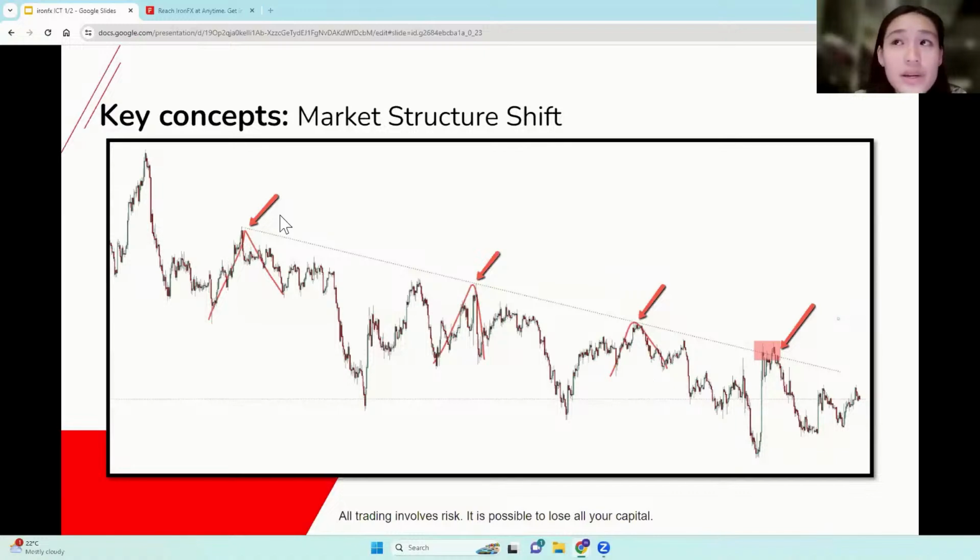So over here you see that we have four swing highs that line up on this trend line. And it doesn't have to line up on a trend line. I'm just using this picture to show you what you can look out for. So here you see that we have lower highs, since it's a downtrend.